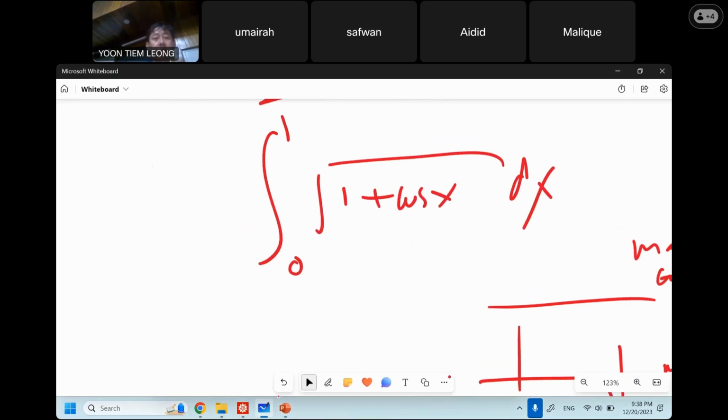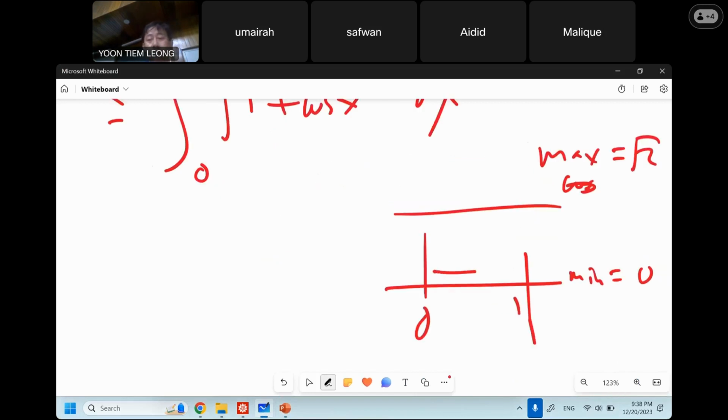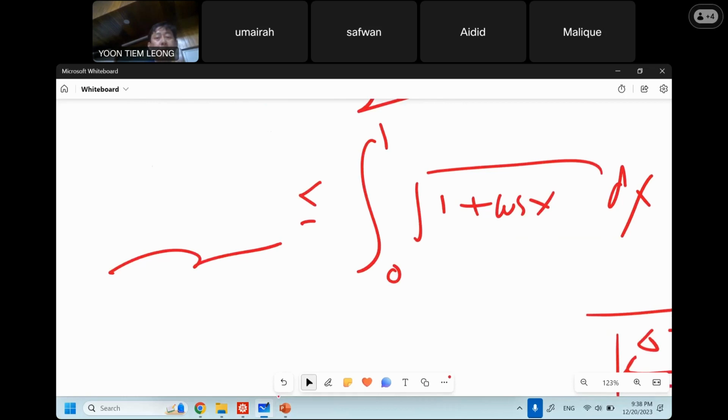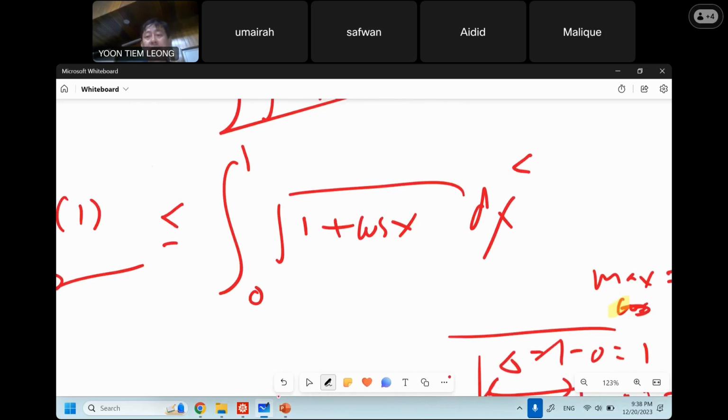So in that case, this must be larger than or equal to the width of the interval, which is 1 minus 0, which is equal to 1. On the left hand side, the product is f of minimum times the width, which is 1, and the right hand side represents f of max times the width, which is 1.